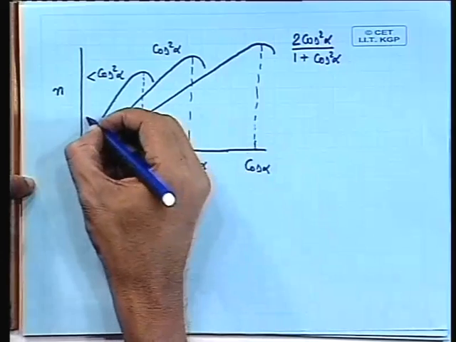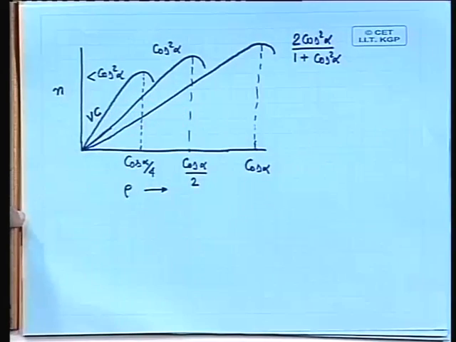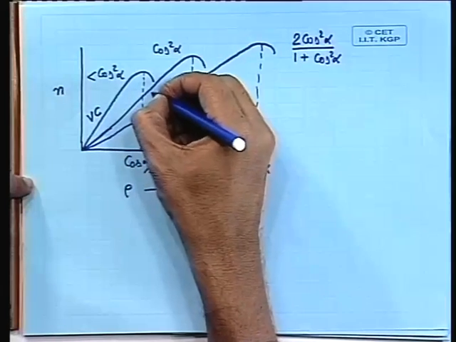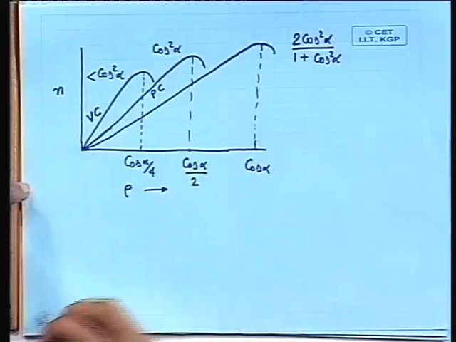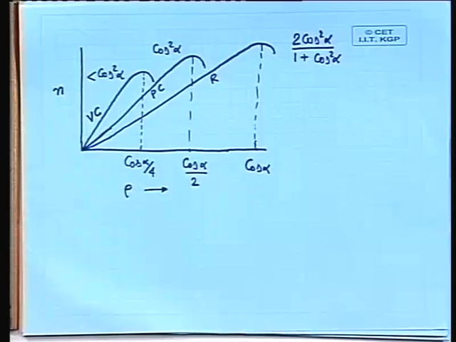Let us say this is Vc, velocity compounding, this is Pc, pressure compounding, and this is R, reaction turbine. All right.